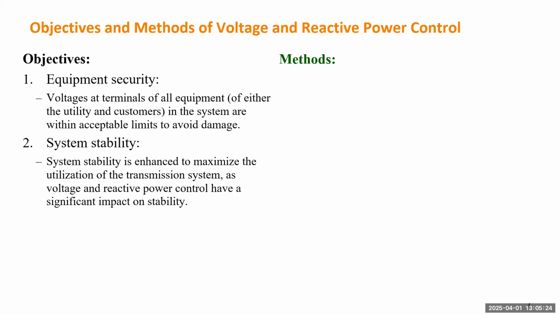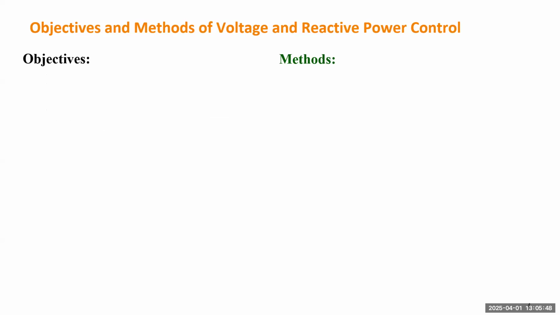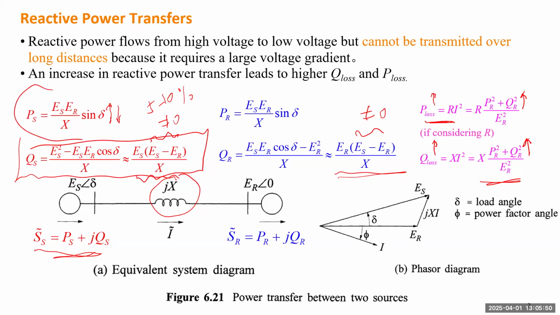The second objective is to make sure the voltage of the entire system has a good profile. For instance, if you can make all the voltages close to 100%, 1 per unit, the nominal value, it means you can safely deliver active power through the entire network. Because if we only take a look at this equation to determine how the active power is delivered, we want to make sure both voltages are high enough, right?